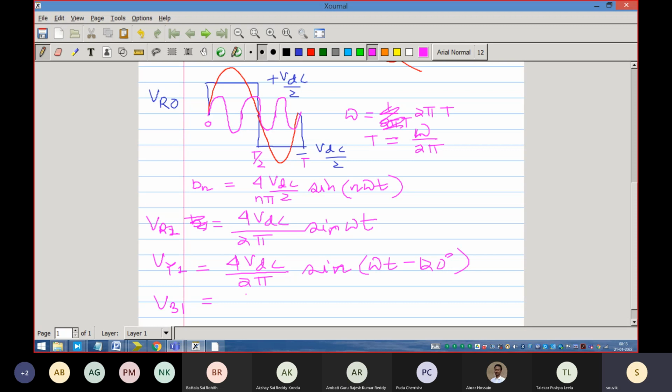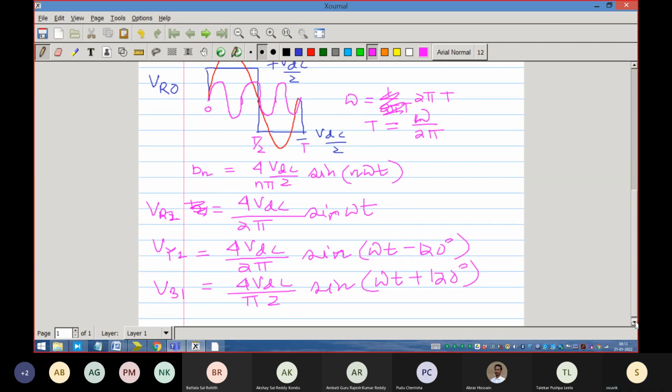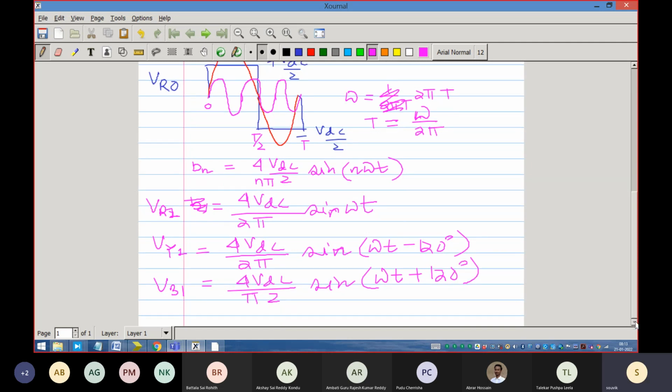Vb1 is equal to 4 VDC by 2 by pi sine of omega t plus 120 degrees. So these are the waveforms that we will be getting, the fundamental components of the waveforms.